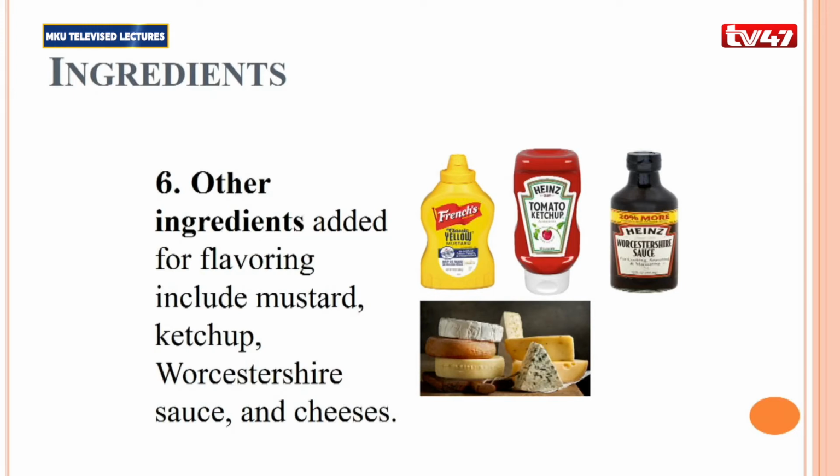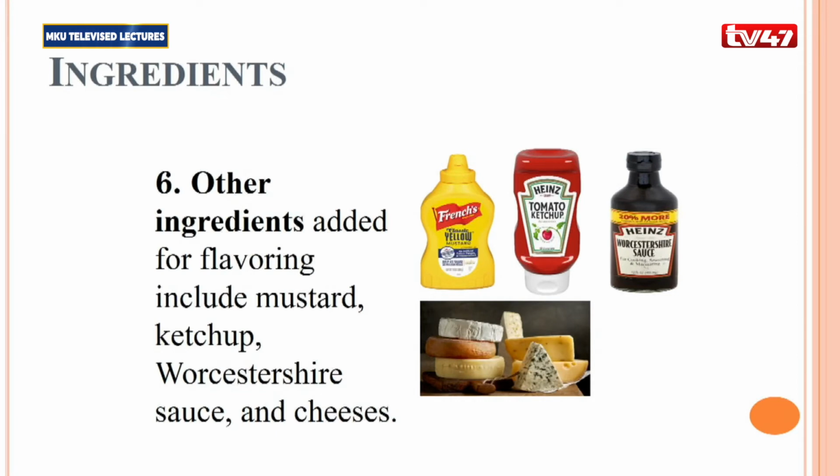One of them is the mustard. You can see the mustard here, the mustard cream. We have ketchup, we have Worcester sauce, and we have cheese. These four ingredients, you can use in addition when you're preparing your salad dressing. For example, the mustard, we usually use even in oil and vinegar, the vinaigrette sauce, when you are preparing it.